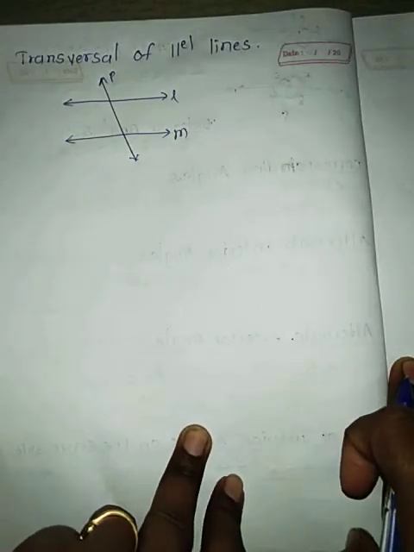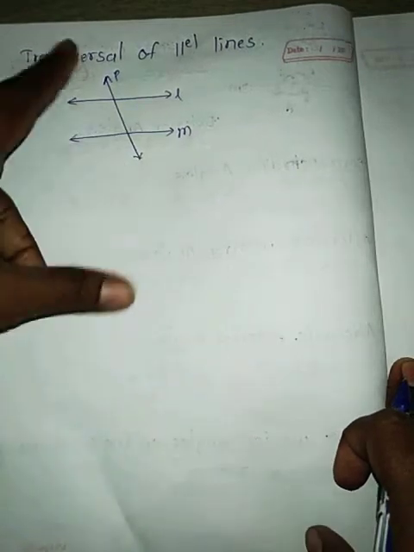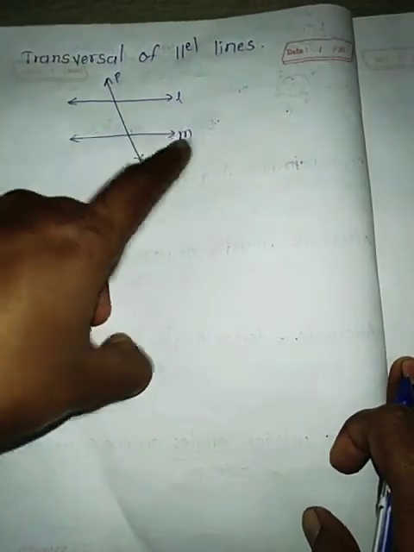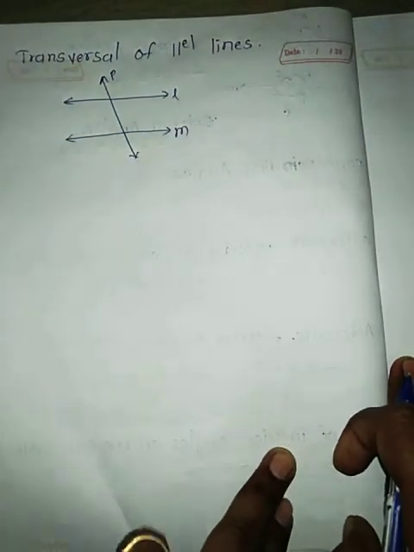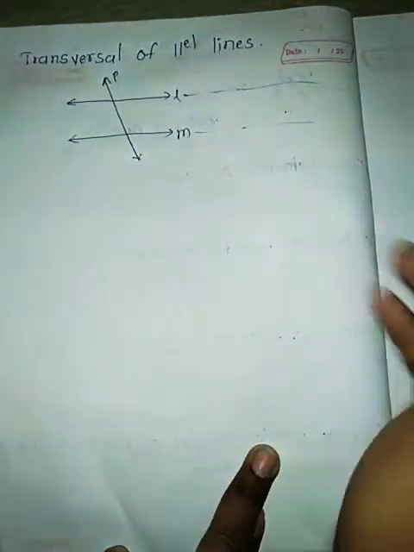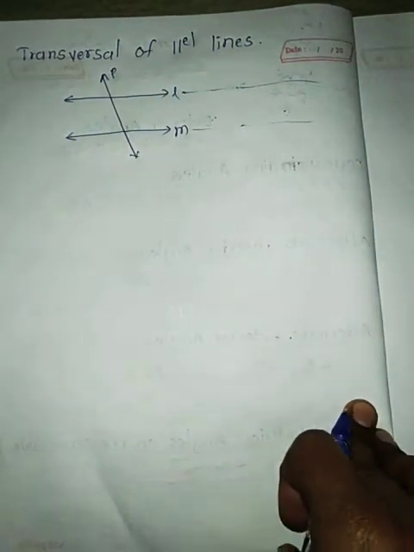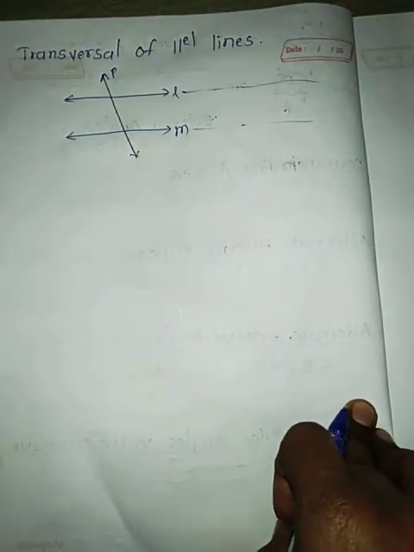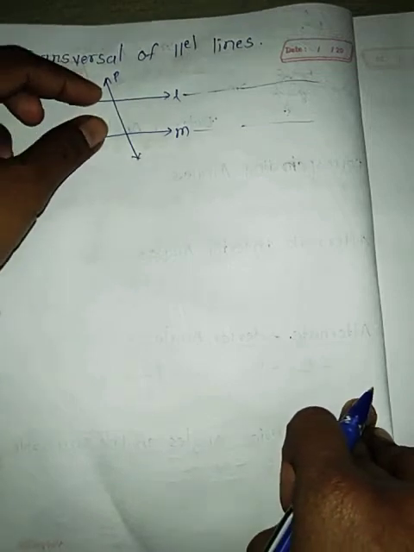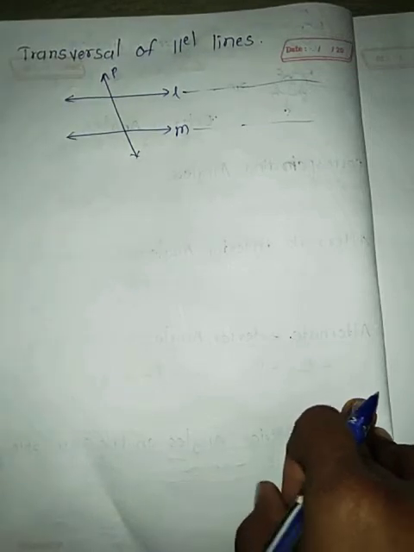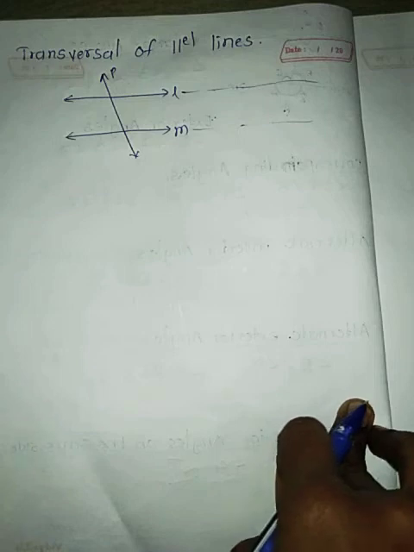Before, we discussed P as a transversal and L and M parallel to each other. Parallel means that if we draw them, they will not intersect anywhere; the distance between them is maintained, so they are called parallel lines.